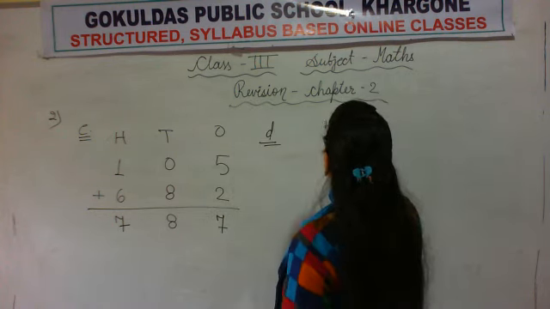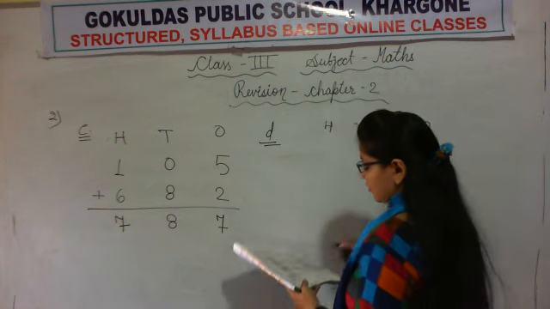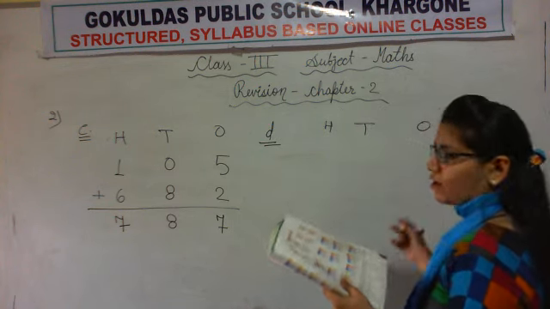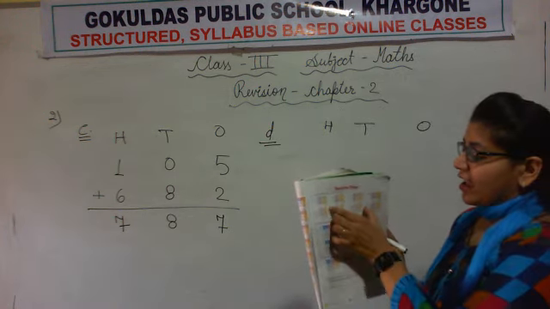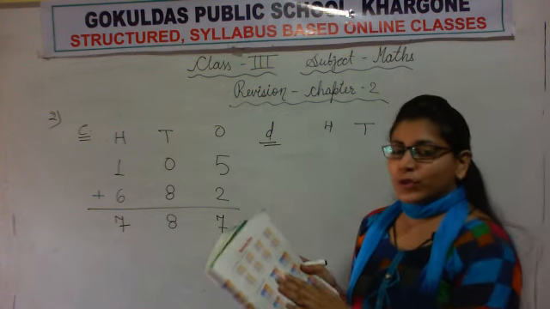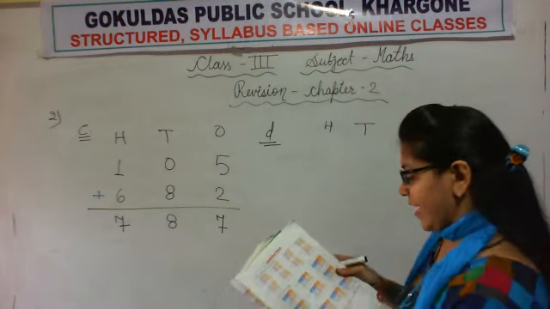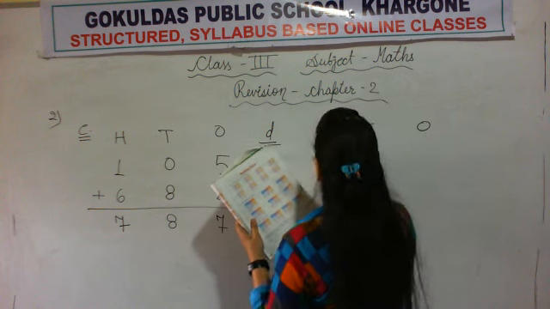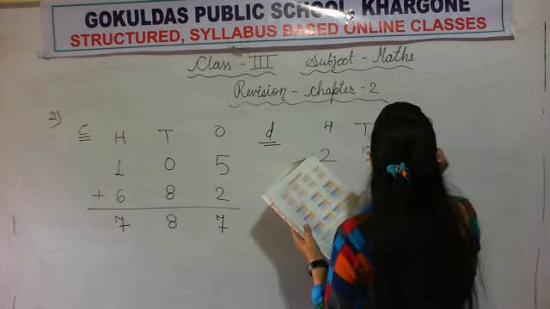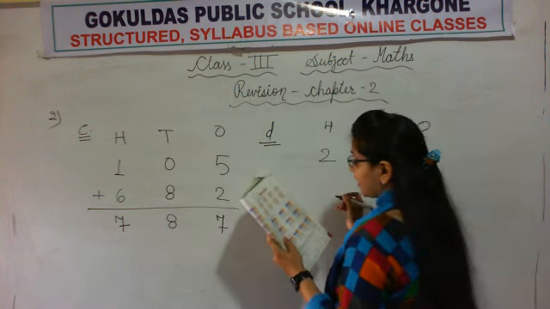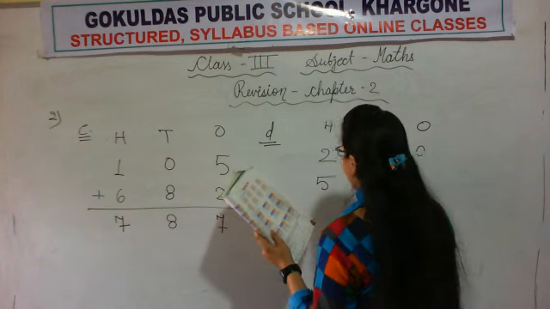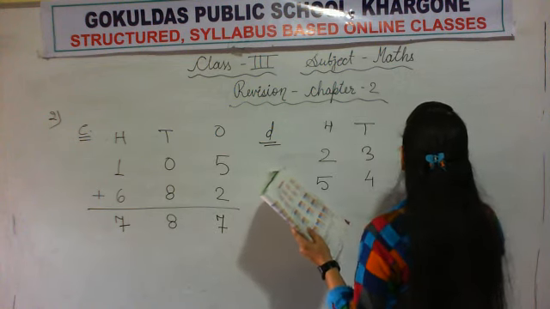Again we'll write 100 tens and ones. See, you don't need to write all this, because today all the things in the book you just solve and write the answer. First addend is 230. Second addend is 547.